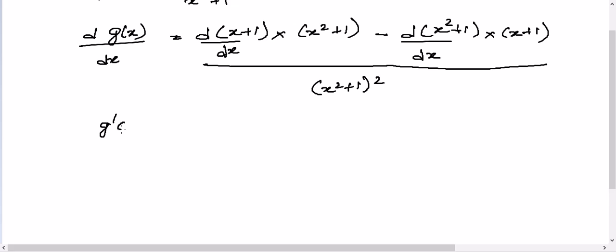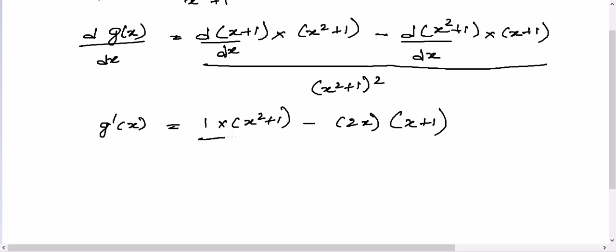So g dash x will be 1 into x square plus 1, minus 2x into x plus 1, whole divided by x square plus 1 whole square.